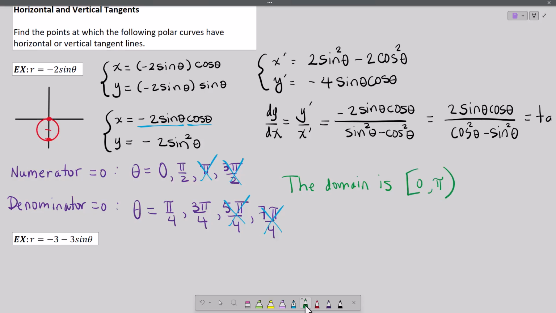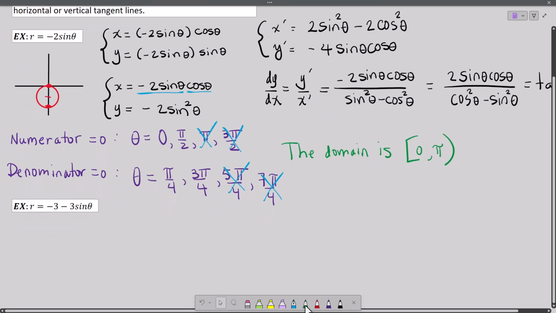This will be the domain to graph exactly one loop of the circle with no overlap. We're going to exclude pi because it's going to plot the same point as 0 would plot.